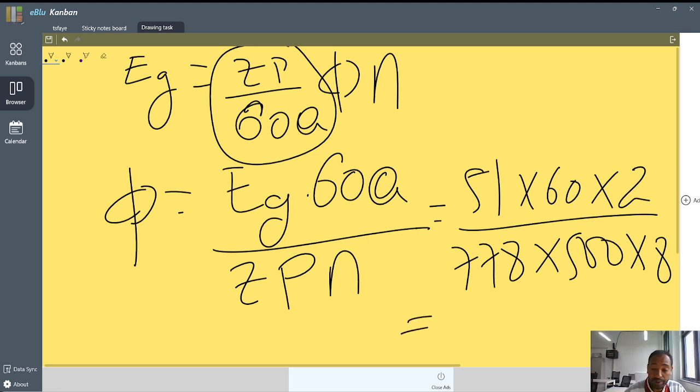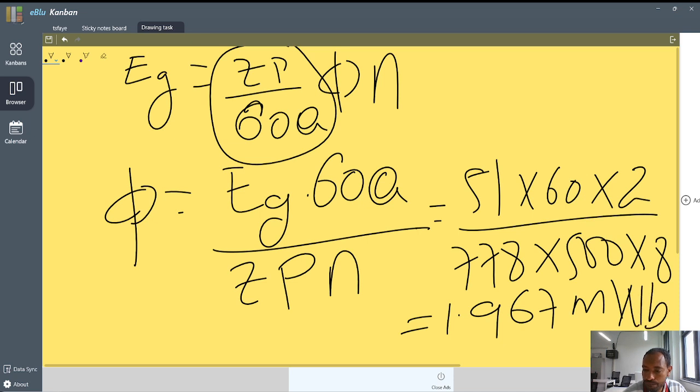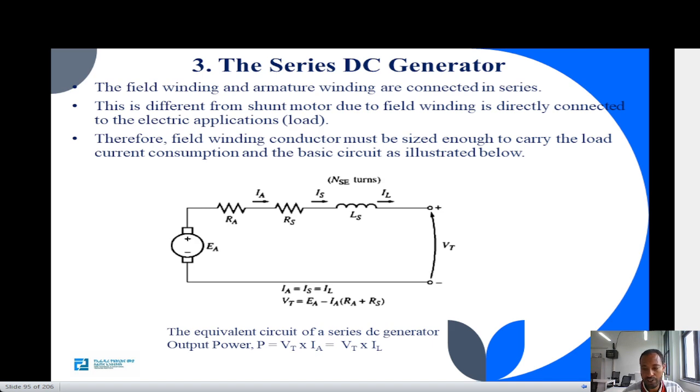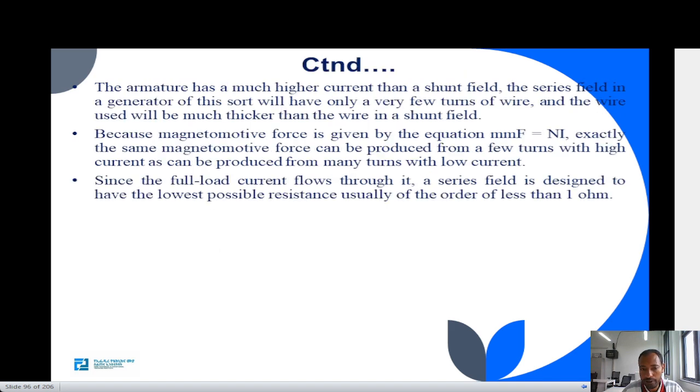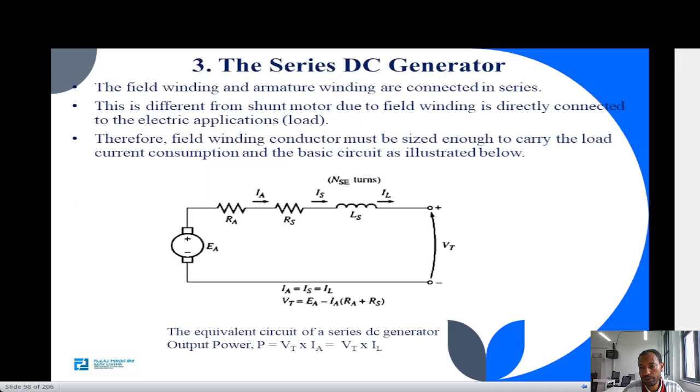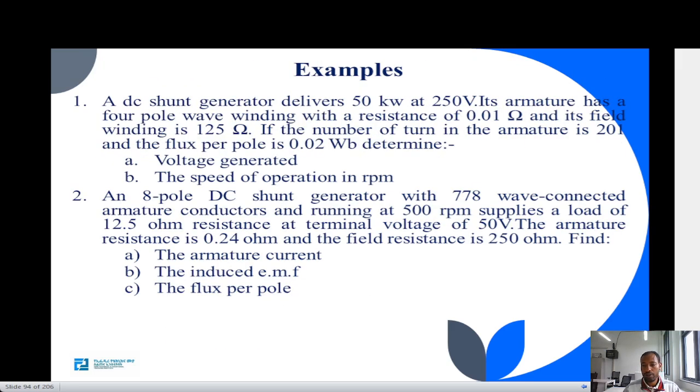So the flux will be 1.967 milliweber. That is the flux per pole in our generator.